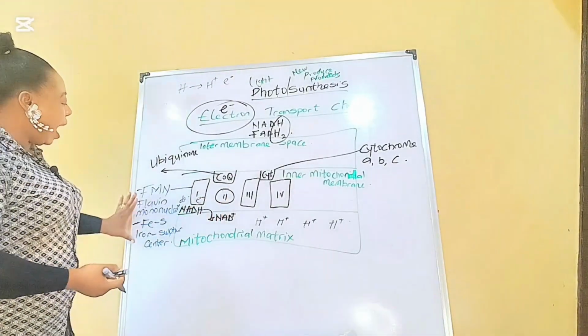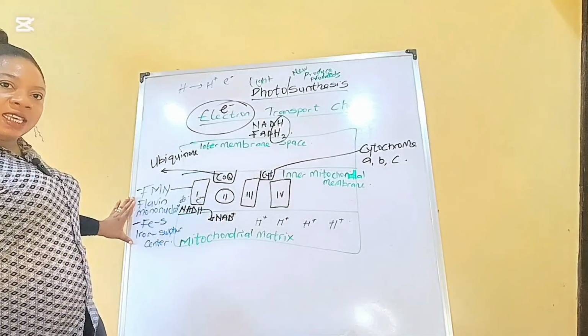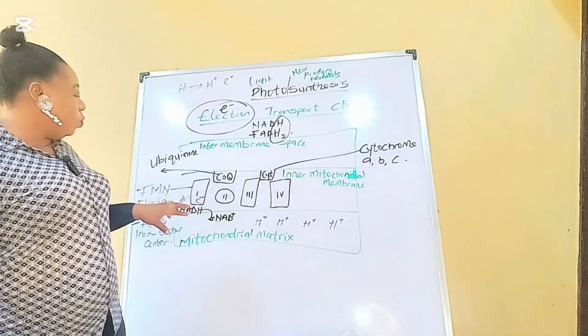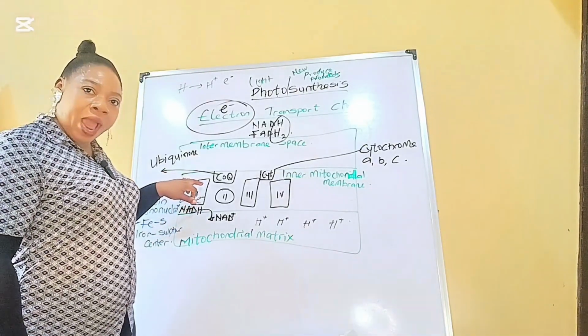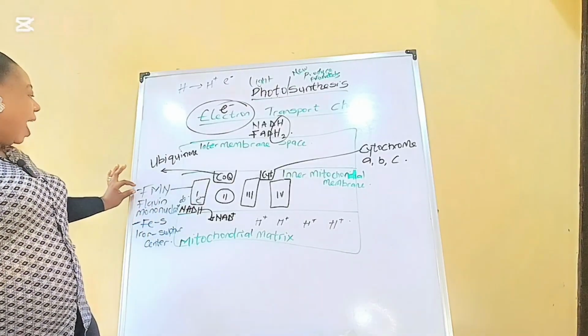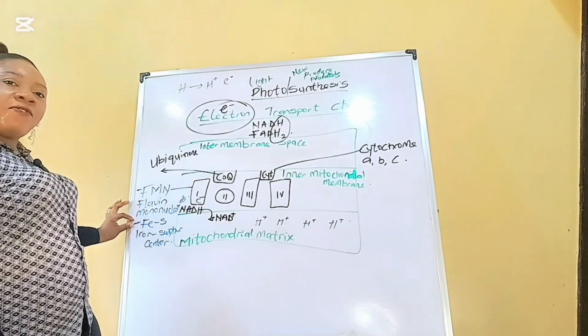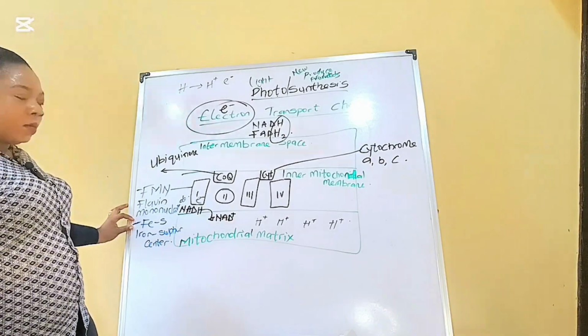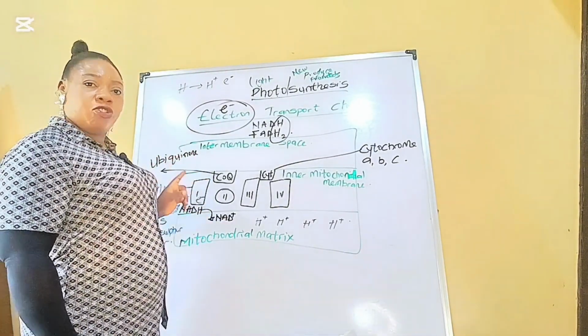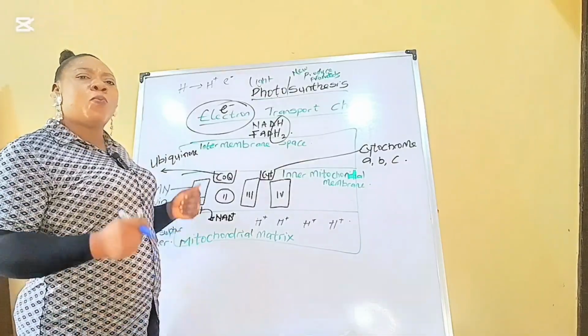These two are both electron acceptors. Upon the arrival of the electron into complex 1, the electrons are taken up by the FMN and the FeS center, and the presence of that electron inside this complex will supercharge it.